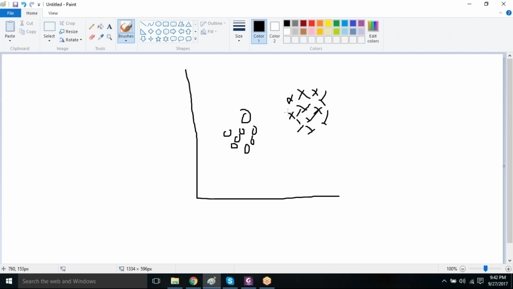So initially what people said is that we will fit a line over the data points only. We will do linear regression directly, but we will try to find a threshold. Suppose this threshold I found.